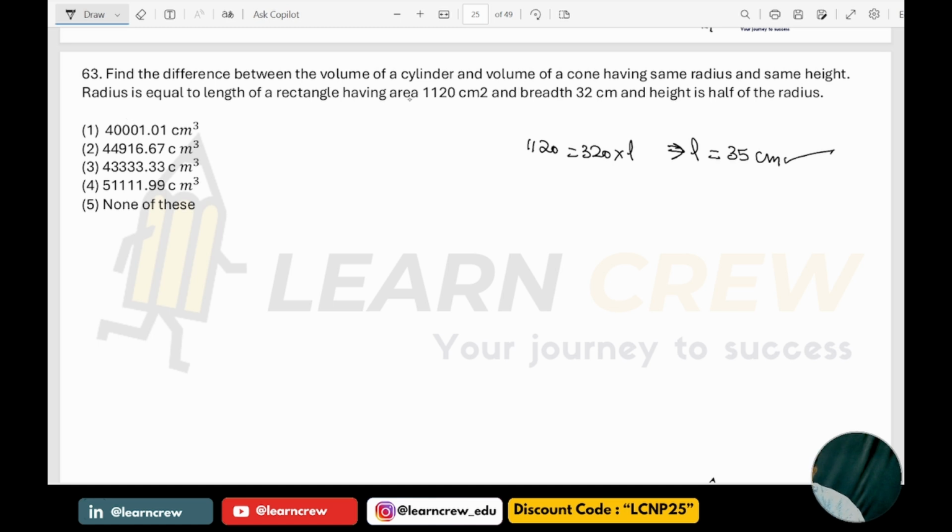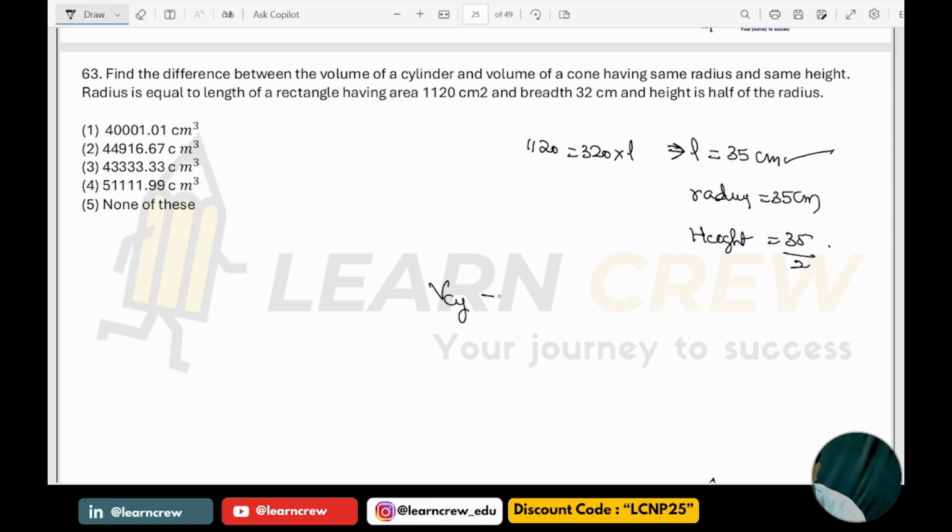Radius is equal to the length of the rectangle. So radius is equal to how much now? 35 centimeter. And height is equal to how much? Height is equal to half of the radius. Now volume of cylinder minus volume of cone is asked.